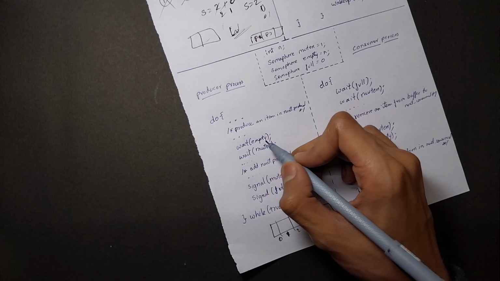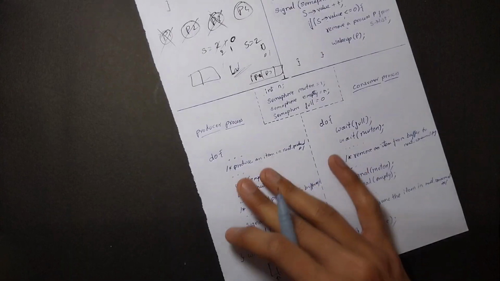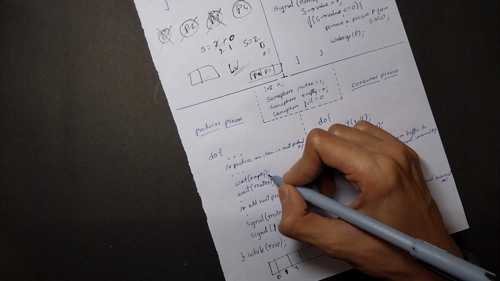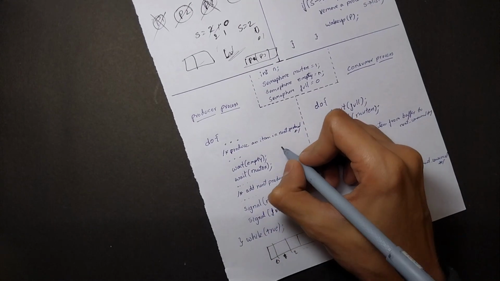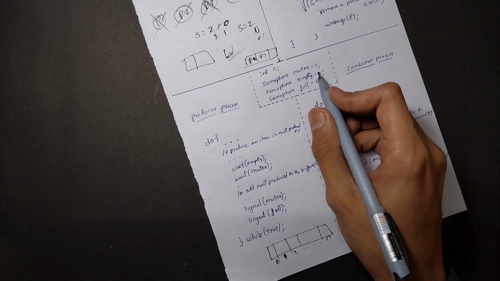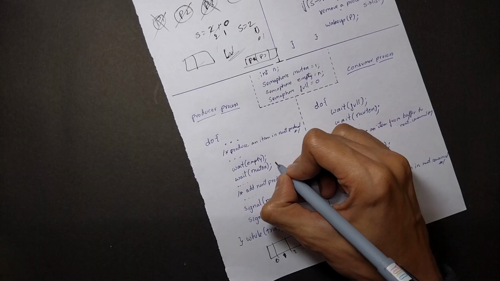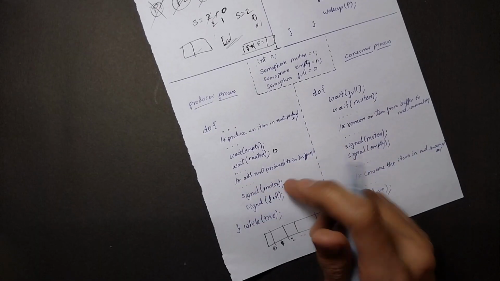It will every time subtract the value, as you saw in the previous one. The empty value is n here, so it will reduce to n minus 1, and then mutex is set to 1, right? So that also, because of wait, will be subtracted to 0, and then it will go to the next step, produce.